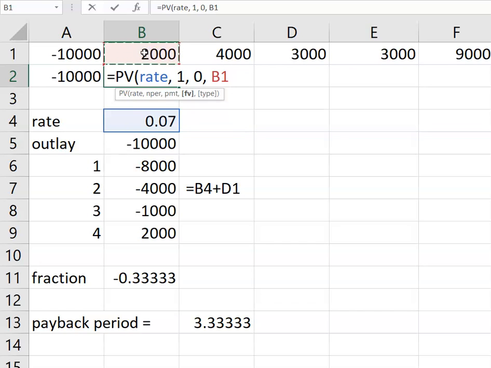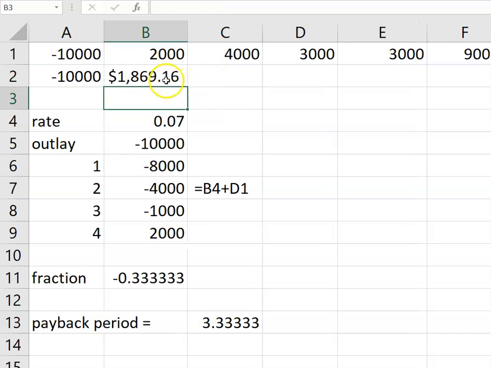Now, I didn't name it intentionally because I'm going to copy this value along. I'm going to make this number negative. That sort of violates my principle of money coming in is negative, but I'm going to change it so that the present value becomes positive.